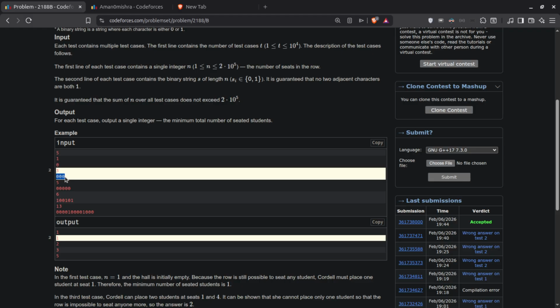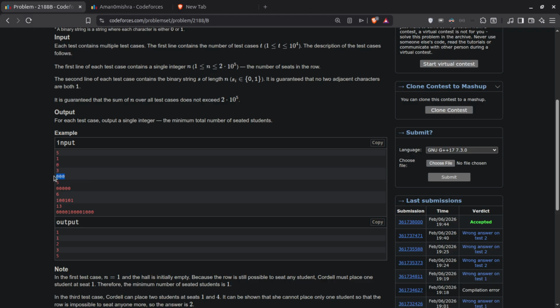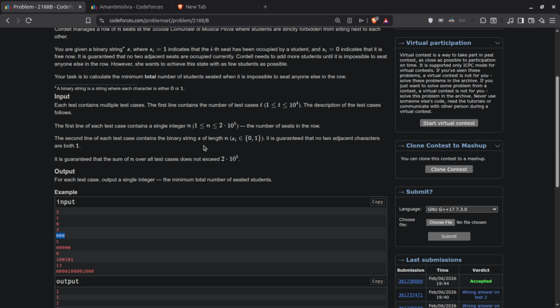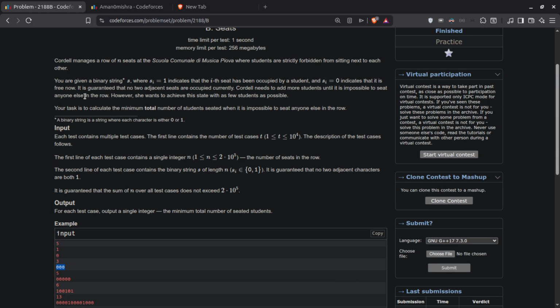So if it is 1 0 1, the answer would be 2. If the input is 0 1 0, the answer would be 1. Why? Because we have to assure that in the given binary string, 1 indicates that the seat has been occupied by a student, and 0 indicates that it is free.